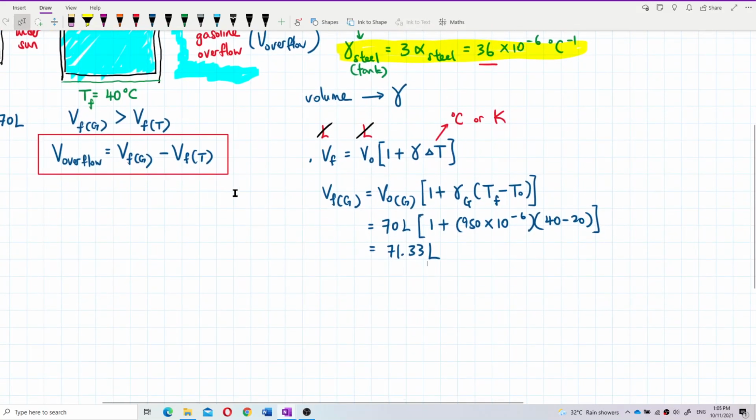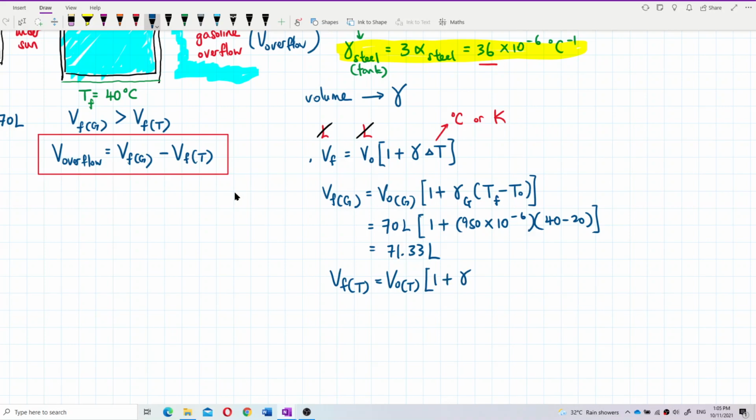Now let's find the final volume of the steel tank. It is the initial volume of the tank times 1 plus gamma, not alpha. This is volume, so use gamma. Be careful. This is gamma for the tank, and then the final temperature minus the initial temperature.